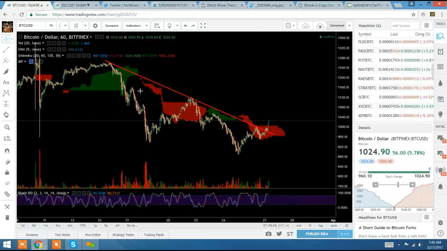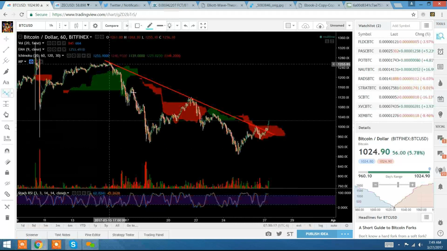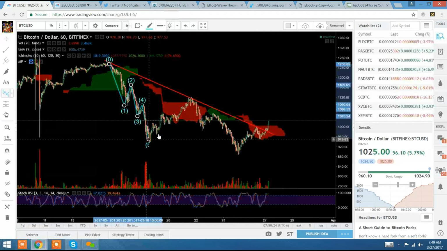This also created a pretty nice, no, this isn't the prettiest Elliott. I don't really like that this third wave is short like this. But the market always wants to do what it wants to do. That is still a clean, impulsive move down, and this is some sort of ABC correction here, where it comes down a little bit and then continues on.